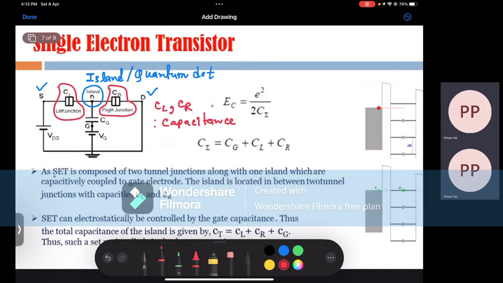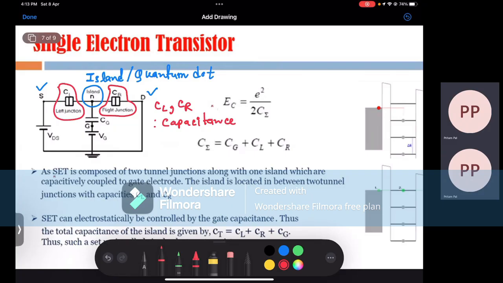So between this island or quantum dot and the drain, we have introduced a gate terminal in this pathway.